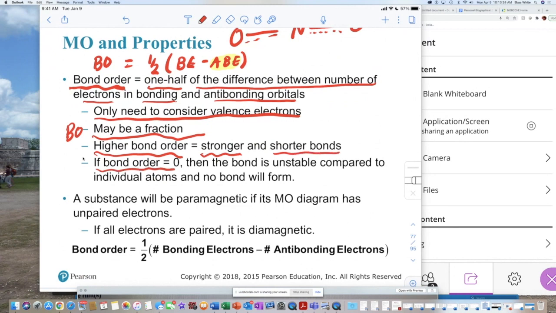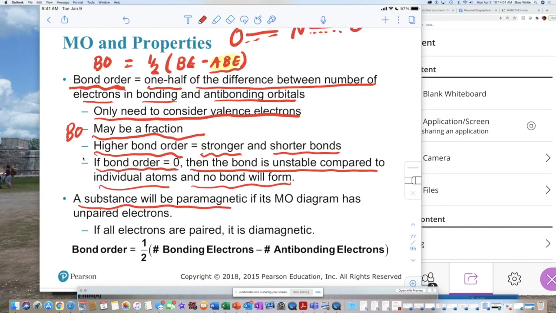If the bond order is 0, then the bond is unstable compared to the individual atoms and no bond will form. If the bond is very unstable because we have too many anti-bonding electrons compared to bonding electrons, or even if we have an equal number, then the bond will not form.